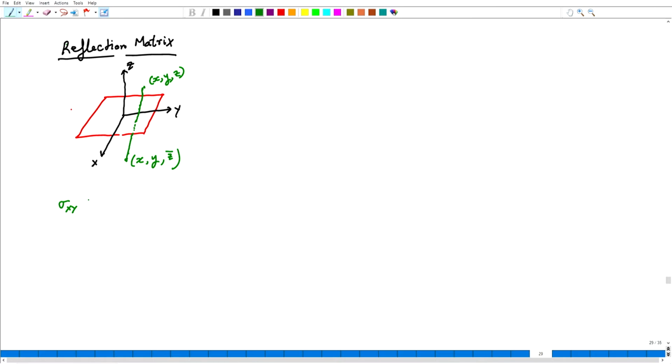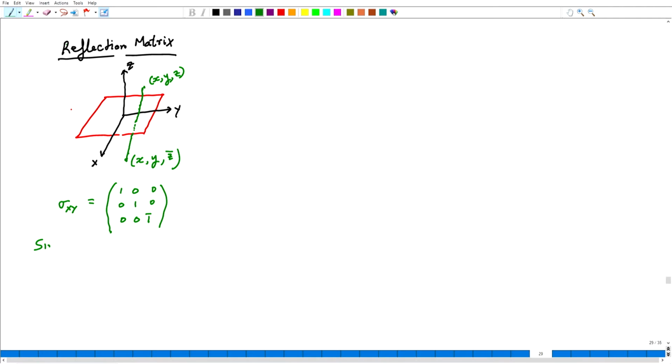And clearly, this matrix would be 1, 0, 0, 0, 1, 0, 0, 0, minus 1. Again, I put a bar on the 1 to denote negative 1. You can do this matrix multiplication, multiplying this matrix into the x, y, z column vector, and you will get the result x, y and minus z.